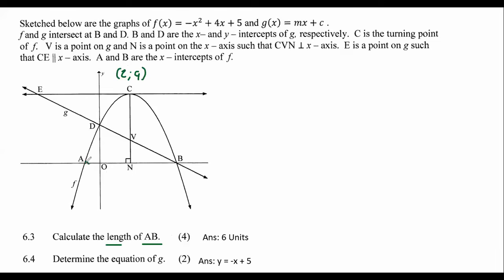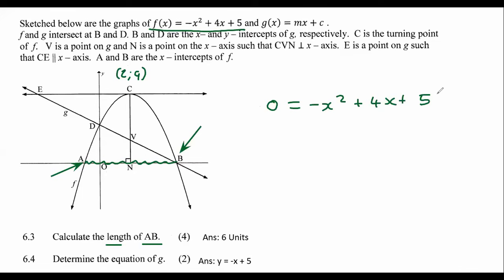So this one says, calculate the length of AB. So they just want this length over here. So that's easy. What we do is we just find the two x-intercepts, which are there and there, and then we'll easily know the distance. So finding the x-intercepts, I'm sure most of you are okay with that. You just make y 0 and then you solve.